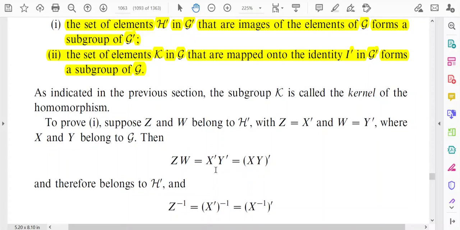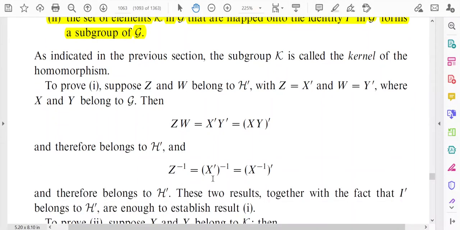So X prime Y prime, as it is equal to (XY) prime, therefore belongs to H prime. So the product of X prime and Y prime is the image of the product XY. It means that the product of X prime and Y prime also belongs to H prime, and Z inverse, or X prime inverse, is equal to (X inverse) prime.